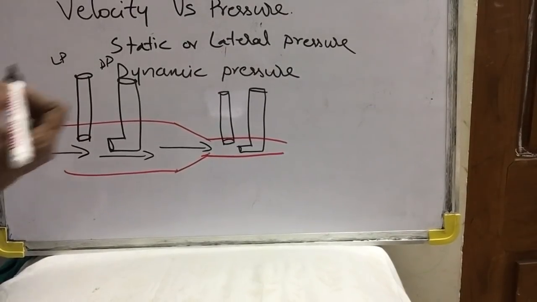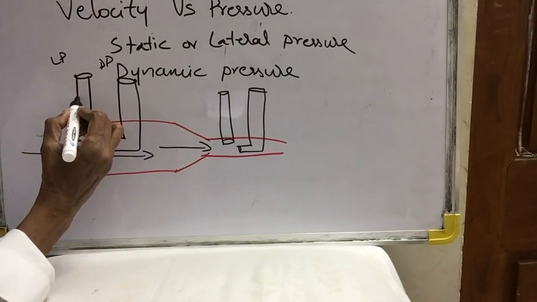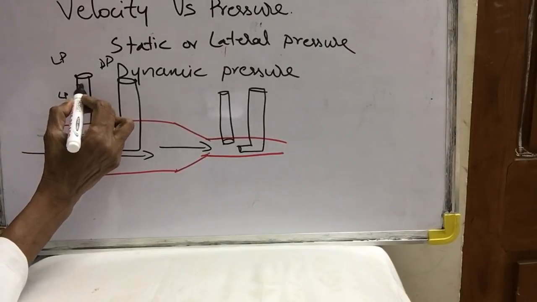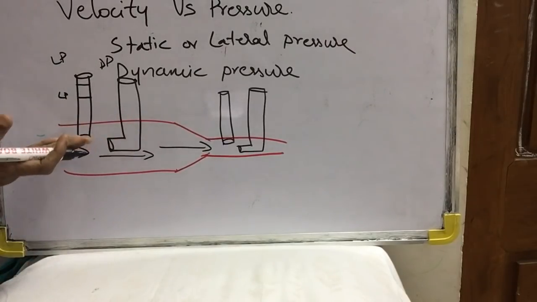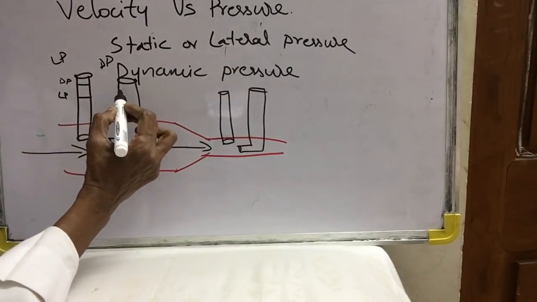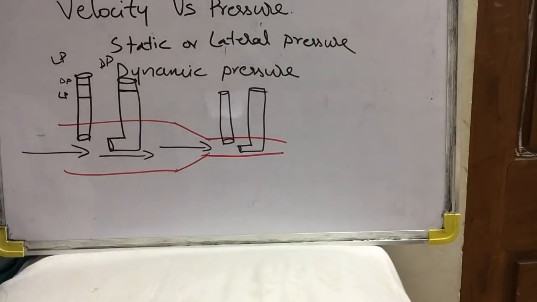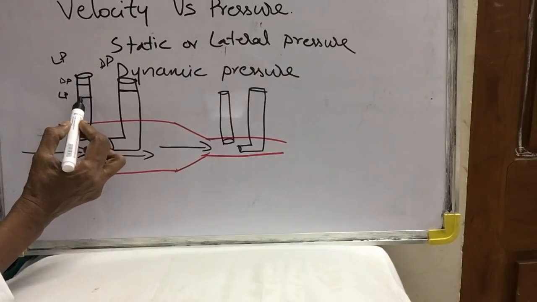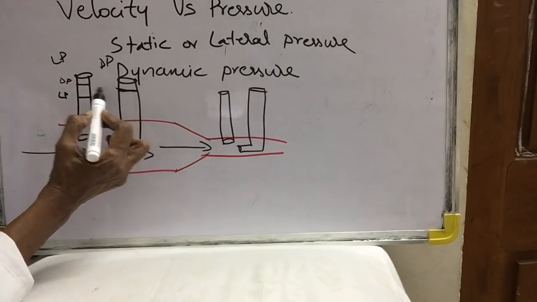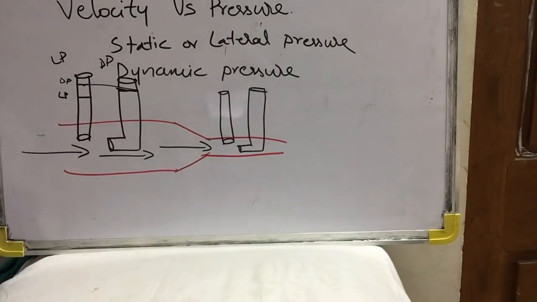And here up to here is the lateral pressure, which is more towards the vessel wall, and this is the dynamic pressure. But the total pressure is the same. See, lateral pressure is more and dynamic pressure is less, but the total pressure comes to the same.